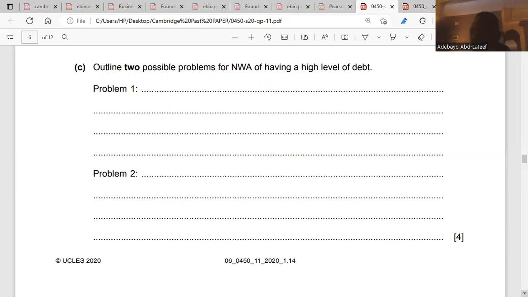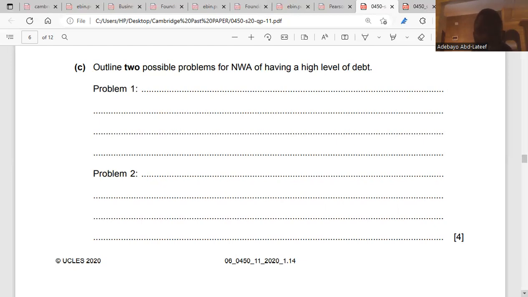Because every now and then you have to pay your debts, you might not have money. Money is not coming in, it's always going out because you have to pay all this interest, so it might become a cash flow problem.